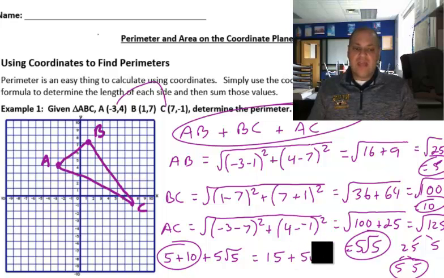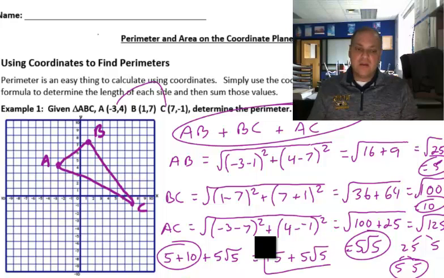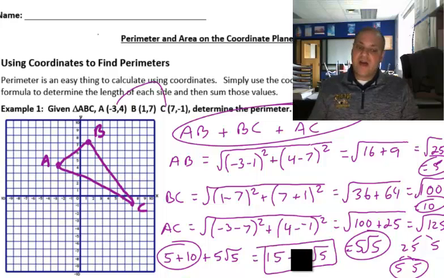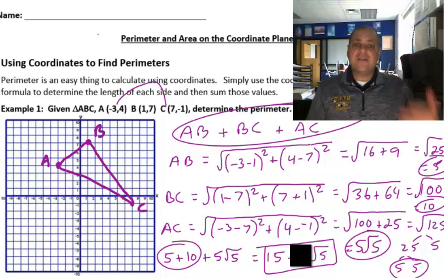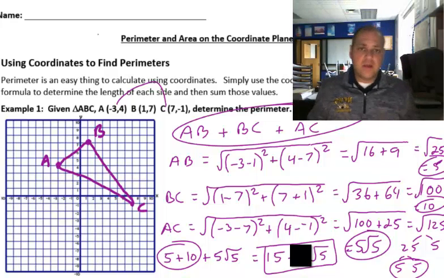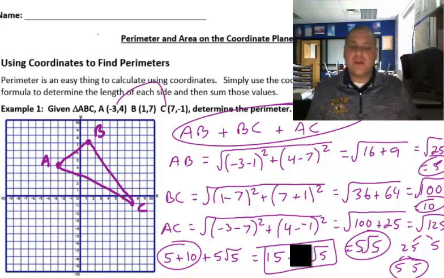And it looks like we can add the 5 and the 15, but we can't, because again, it's not 5, it's 5 radical 5. You have to make sure you have like terms in order to add. So I would leave it in radical form, 15 plus 5 radical 5, if they ask for the exact perimeter. If it said to the nearest tenth or nearest hundredth, you put that in your calculator, get a decimal, and round it off.